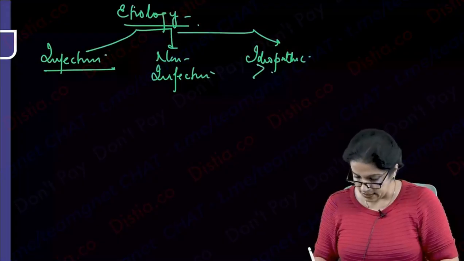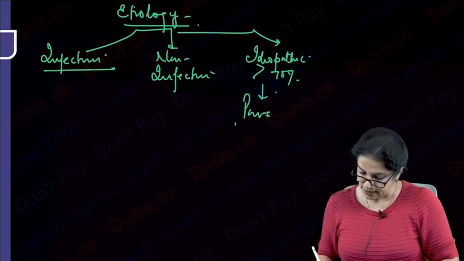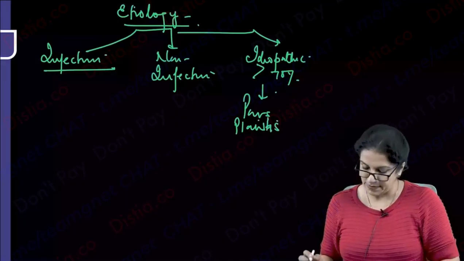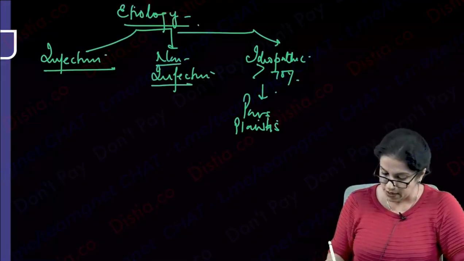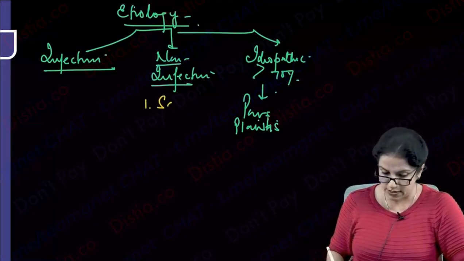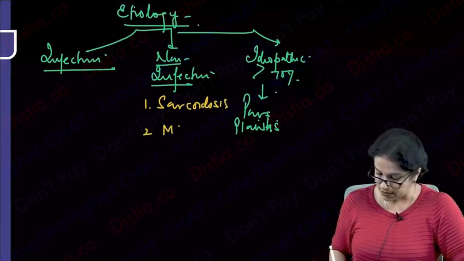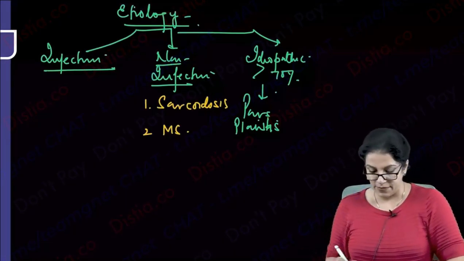Okay, and this is what we call as pars planitis. This condition is what is pars planitis. Coming to non-infectious, we are going to remember two important ones. One is sarcoidosis and second you will learn is multiple sclerosis. The demyelinating disease, multiple sclerosis.